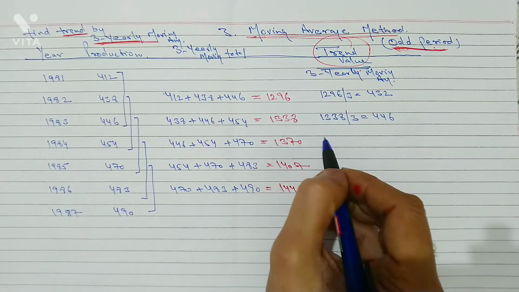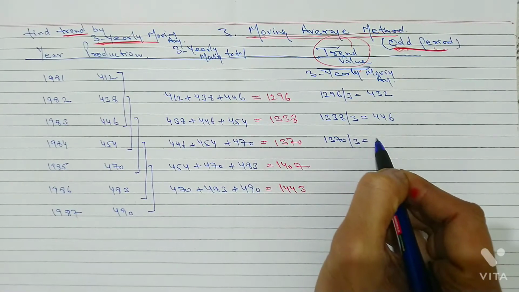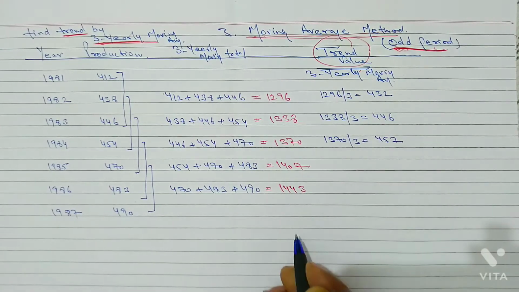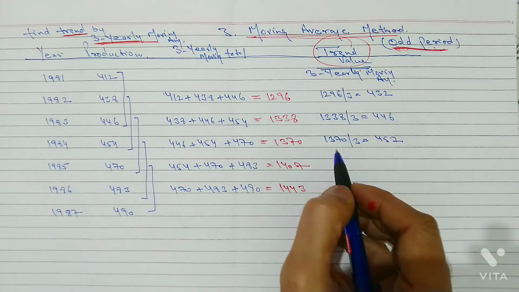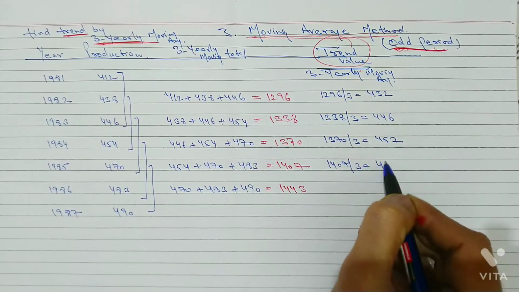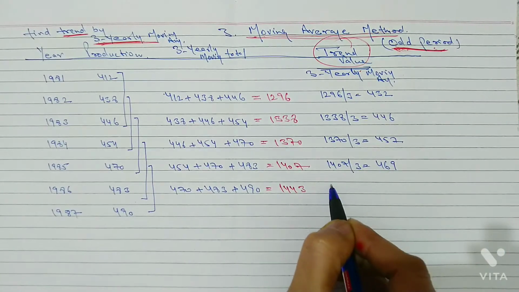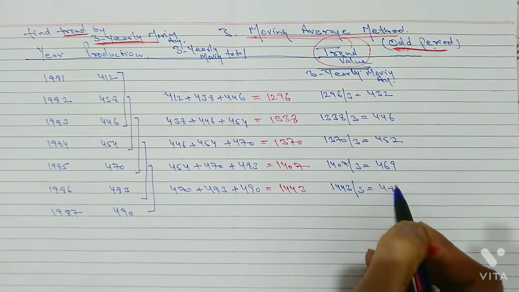The next, this divided by 3, 1370 divided by 3, 457. The next, 1407 divided by 3, 469, and 1443 divided by 3 is 481.